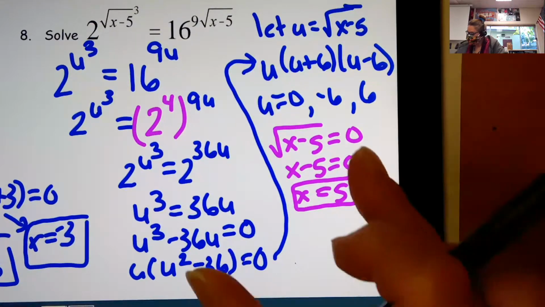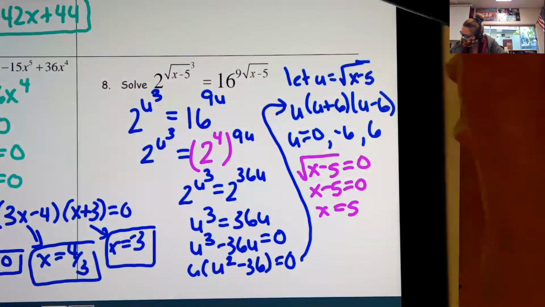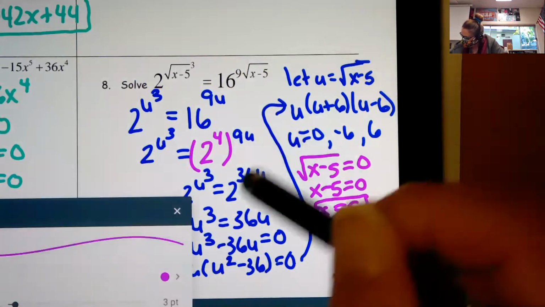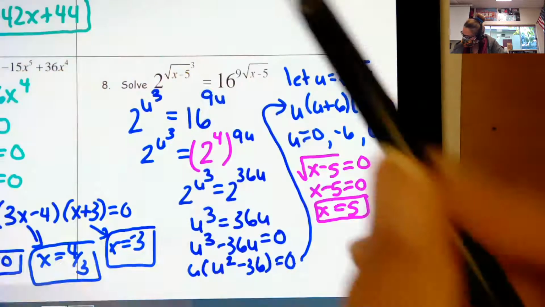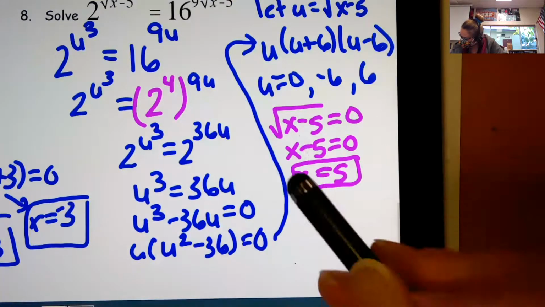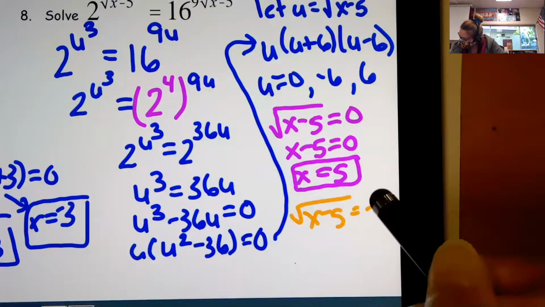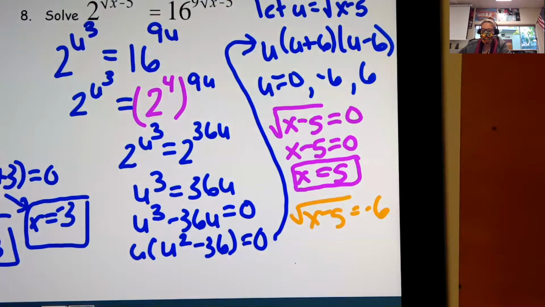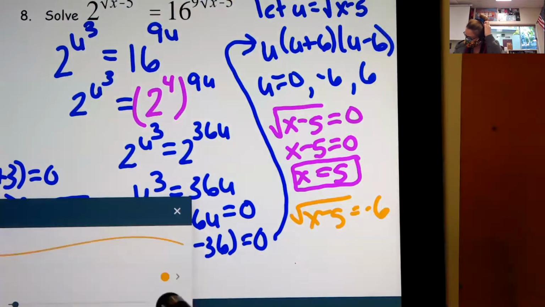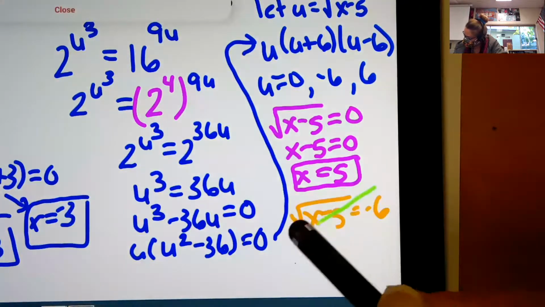Now, when I do that with my negative 6, and I take the square root of x minus 5 equals negative 6, I cannot have a square root, a principal root, equal a negative, so that is going to be no.